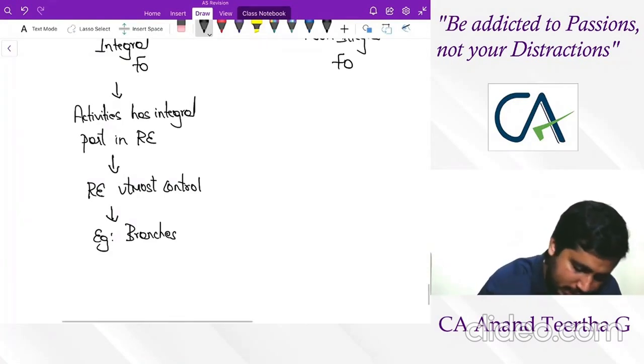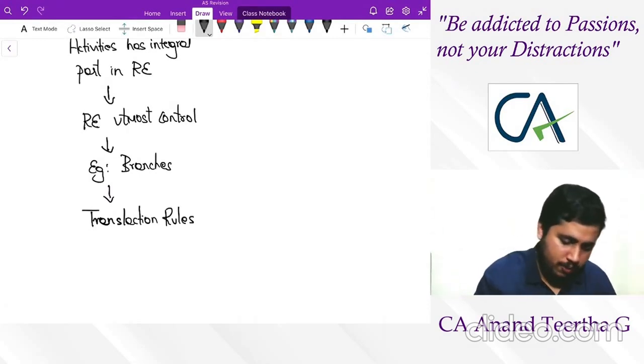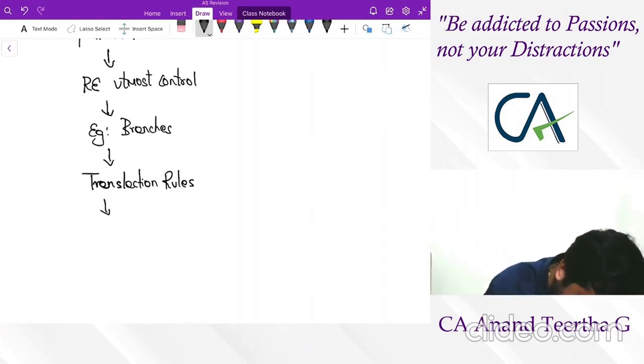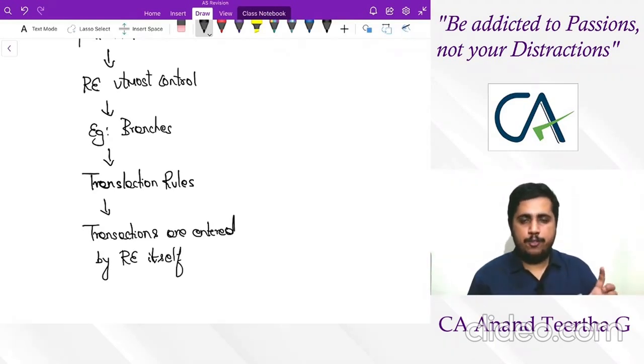Okay. Now, whenever there is an integral foreign operation, how do the translation rules apply? For that, what we say is, it's as if the transactions are entered into by the reporting enterprise itself. Okay, so if you now imagine the branch and head office point of view, whatever transaction the branch enters into, the head office is answerable, because the branch does not have a separate entity.